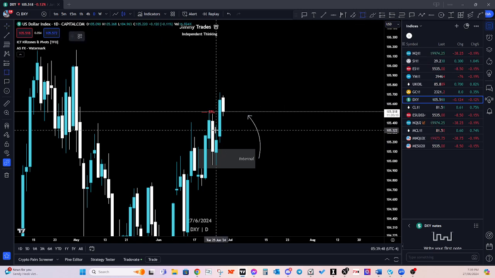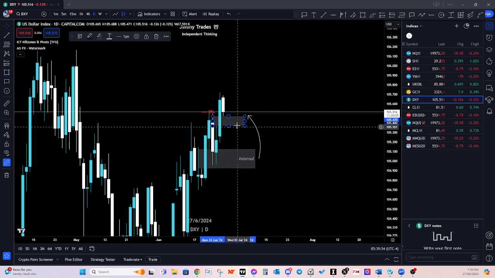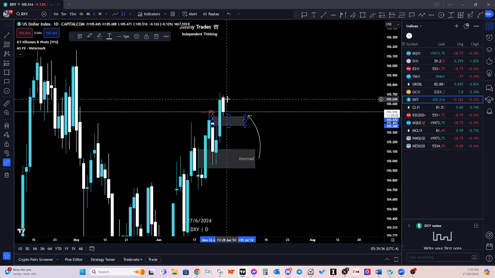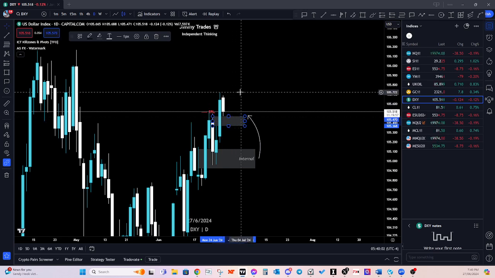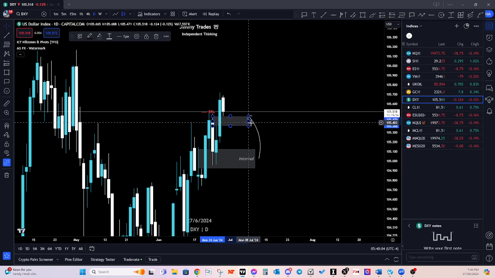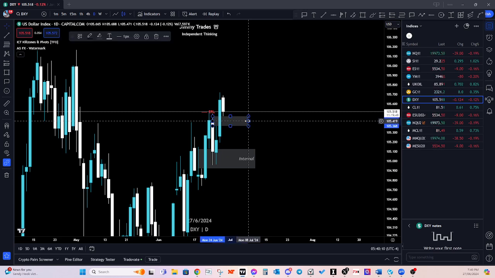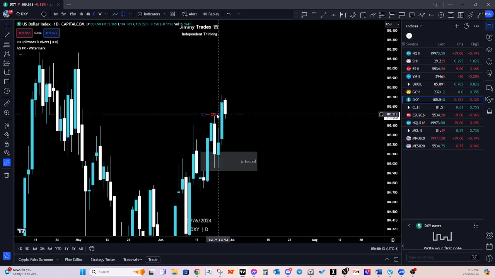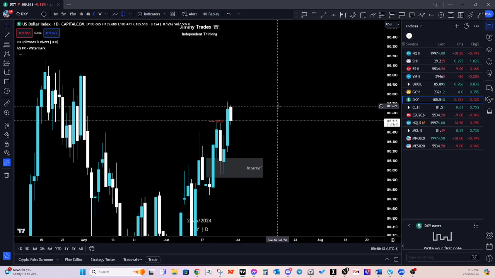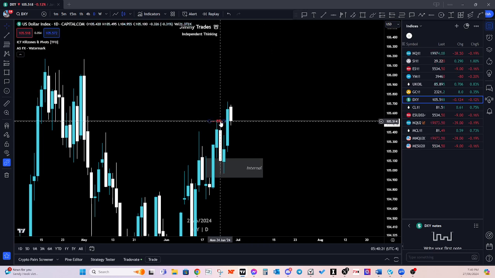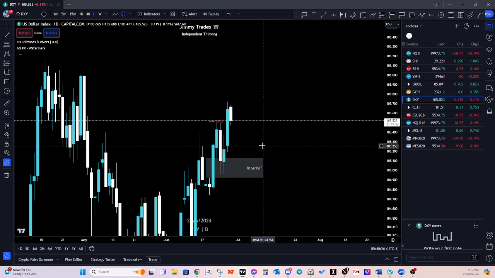Now that might mean we get today's candle leave an FVG here, and Friday may come in and push back down into this internal liquidity if it forms. For now though, this is an area where I would consider being patient, but also after sweeping external, I'm going to look back to internal.